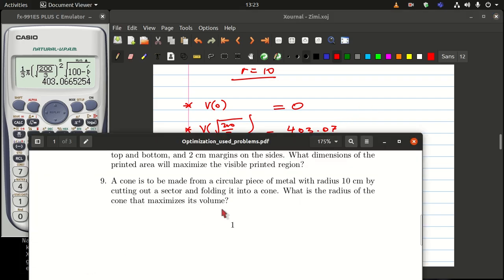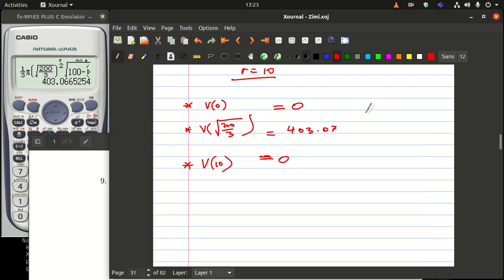The units that were given here are centimeters, so we'll end up having centimeter cubed and centimeter cubed.